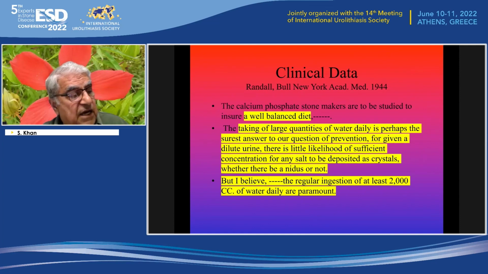For given a dilute urine, there is little likelihood of sufficient concentration for any salt to be deposited as crystals, whether there be a nidus or not. But I believe the regular ingestion of at least 2000 cc of water daily is paramount.